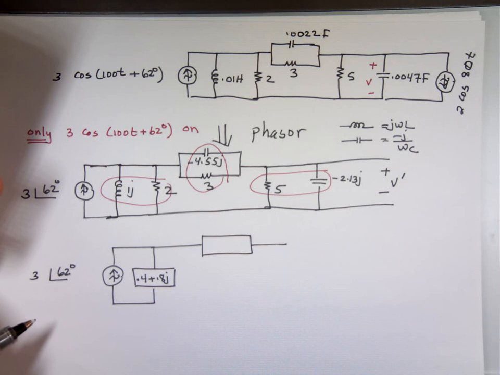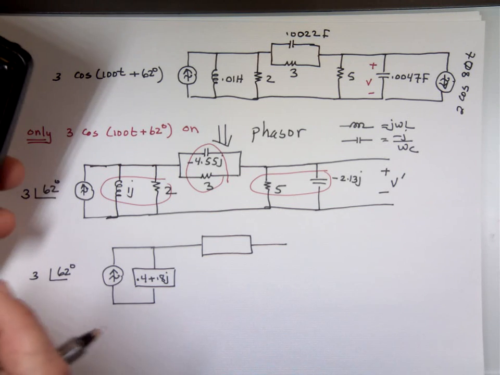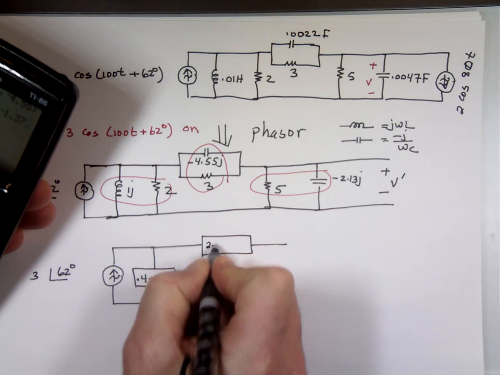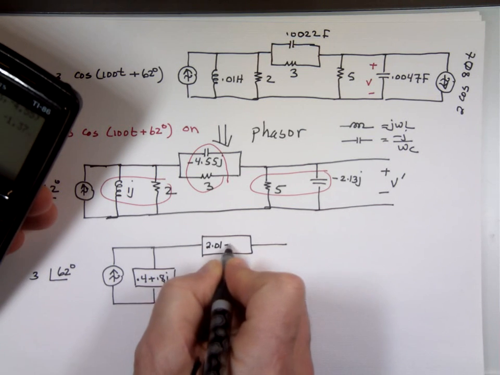I got some ugly numbers, but I can leave them: 2.01 roughly, minus j 1.38.